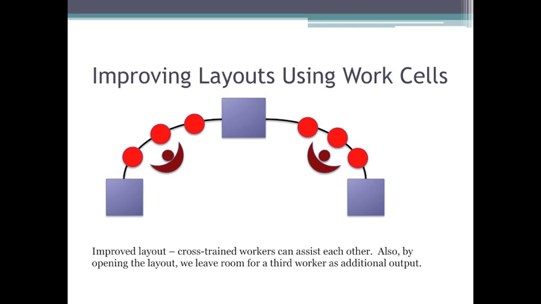Well, we can give them a little more room. Here these two employees are still sharing that one piece of equipment in the middle, but they have more room to maneuver, more room to work, and more to the point, they have room to help each other. Also, if we want to expand the process, there's room for a third person if need be.